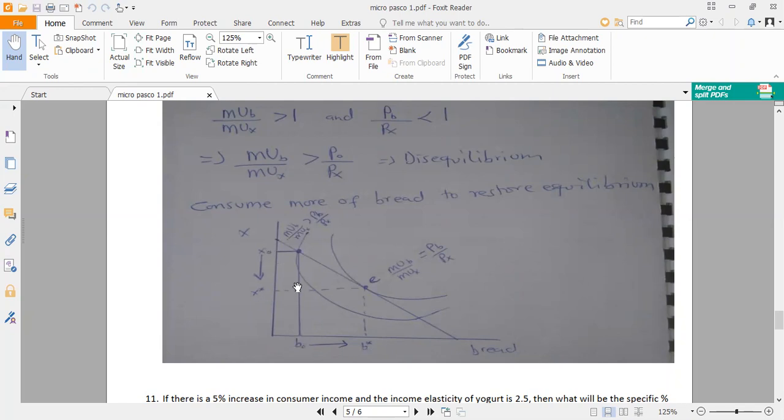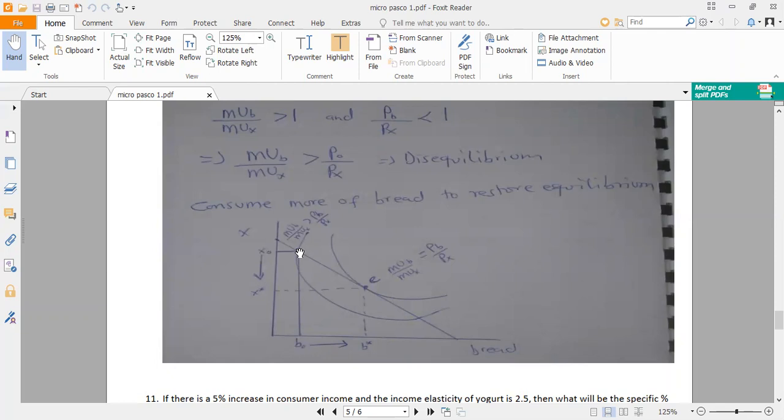By consuming more of bread, the marginal utility of bread will fall. And by consuming less of good X, the marginal utility of good X will increase, which will later restore the equilibrium. So the first thing you are supposed to say is the consumer is in a disequilibrium.